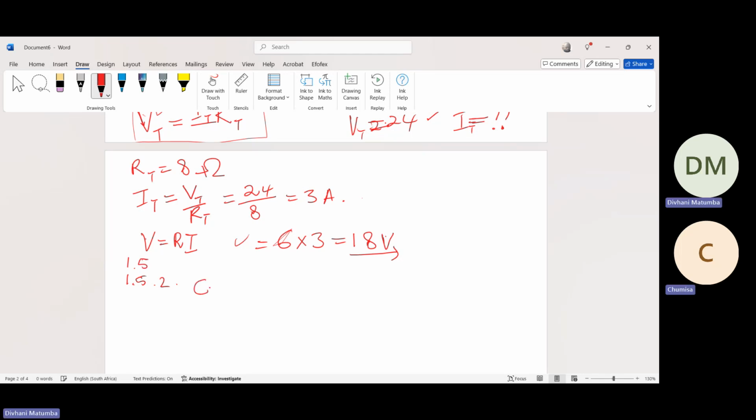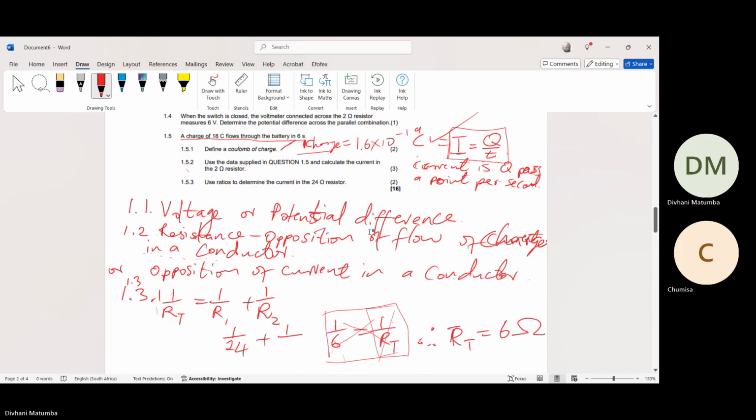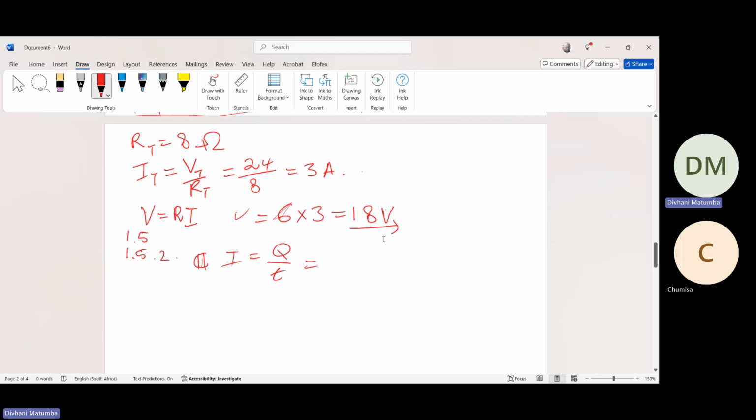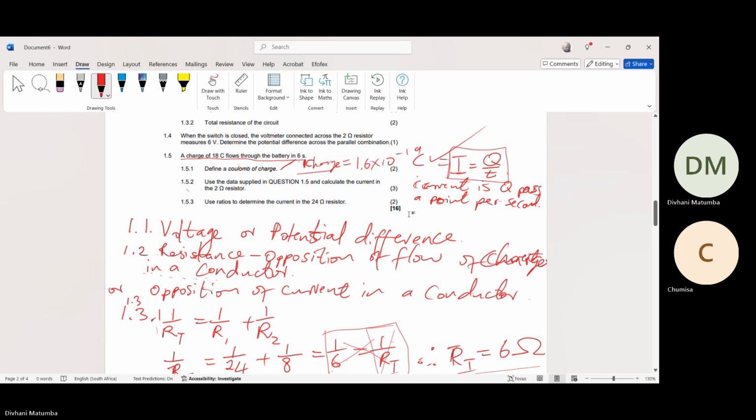I is equal to Q divided by T. Perfect. Then how many coulombs do we have? 18. And the time? 3 seconds. Or 6.